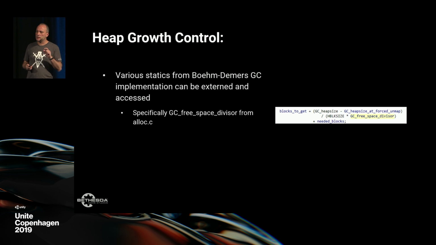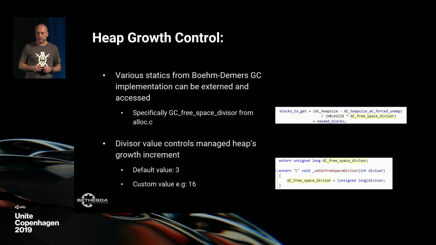That determines by how much the heap would expand. The default value is 3, meaning that the heap will be expanding by about 33%. In some very specific situations, we played with it and modified it with a different value. You can try it with 16, so the heap will be growing much, much less.